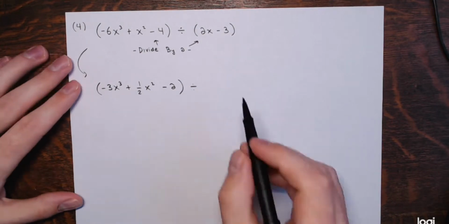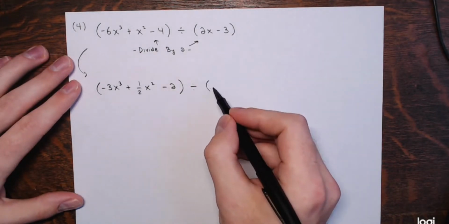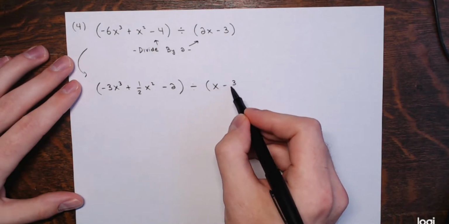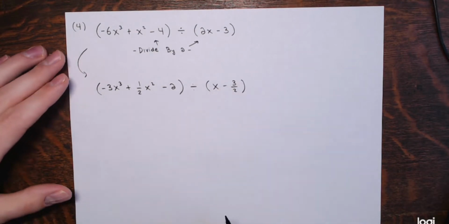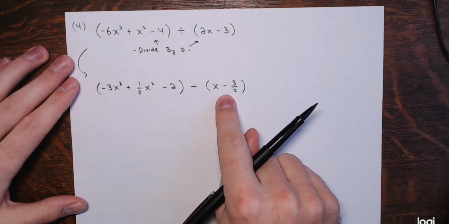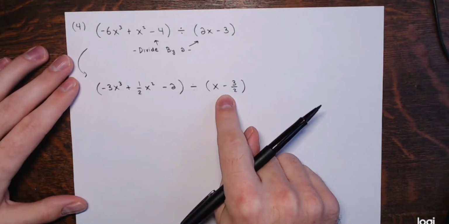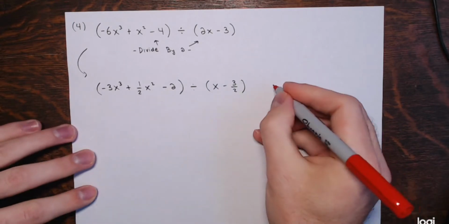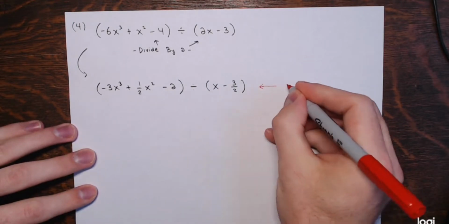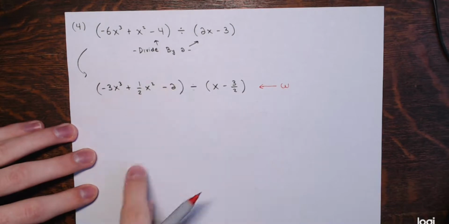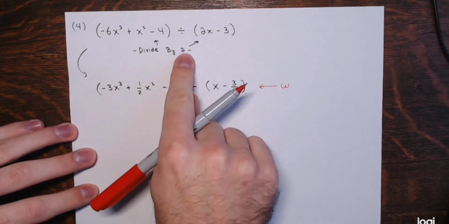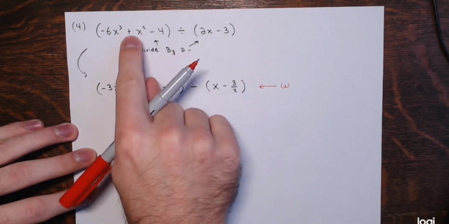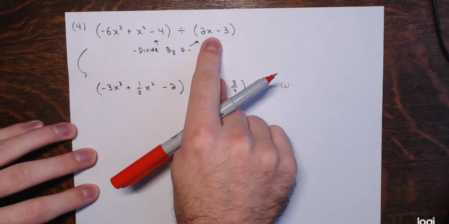And the divisor now is x minus 3/2. Now the divisor is in the form that I want. Now we can use synthetic division here. And later when I write out the results, we'll multiply by 2 to get back to having the original dividend and the original divisor. I hope that makes sense.